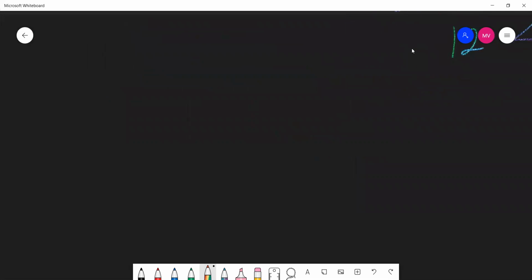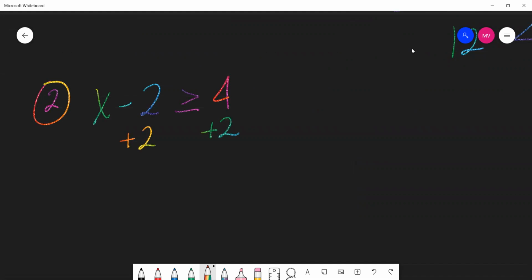Make these just a little bit thicker. All right, so number 2 is x minus 2 is greater than or equal to 4. I'm going to go around the room, starting backwards though. So Eden, what do we need to do to solve for x? Right, we need to undo the subtraction of 2, so we add 2 to both sides.